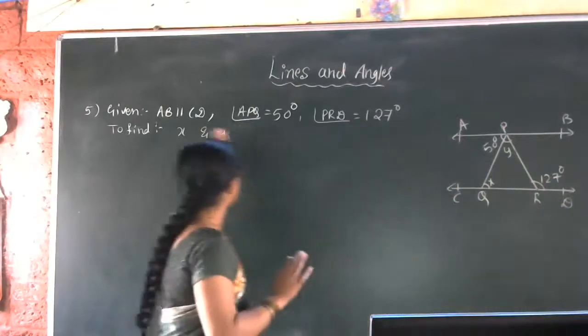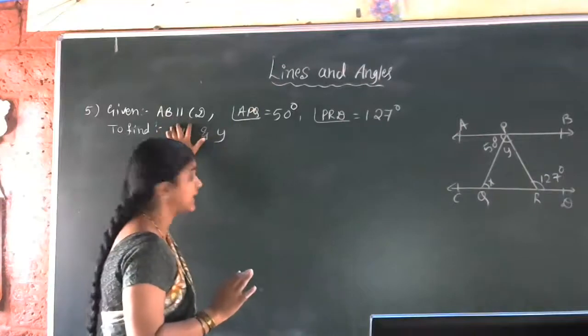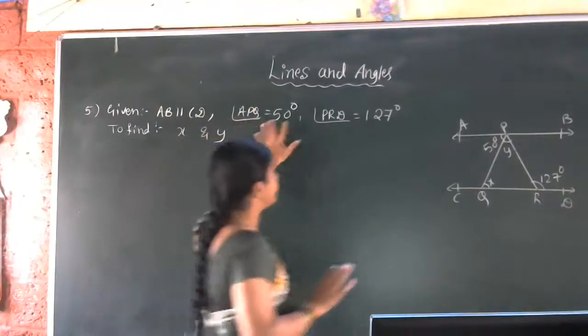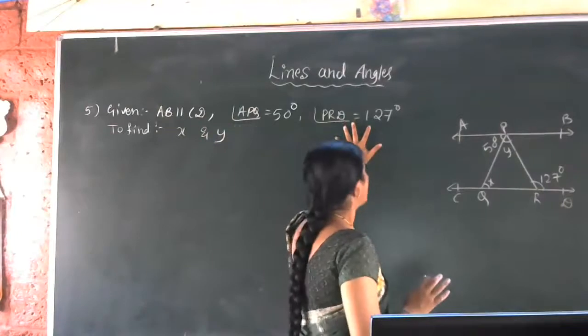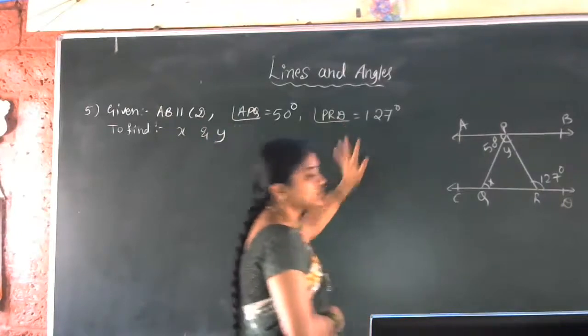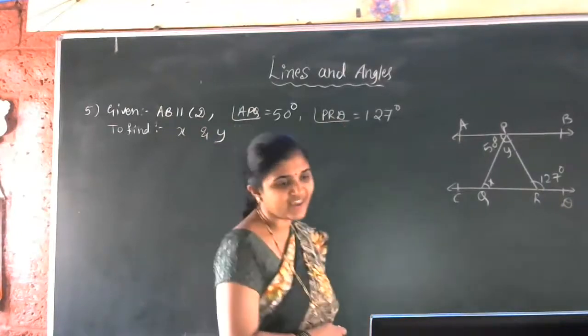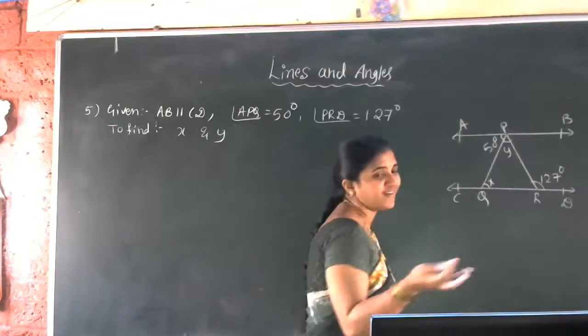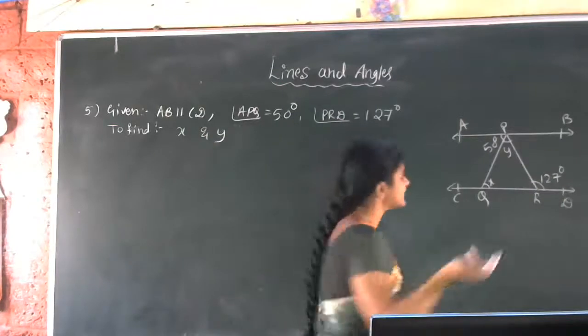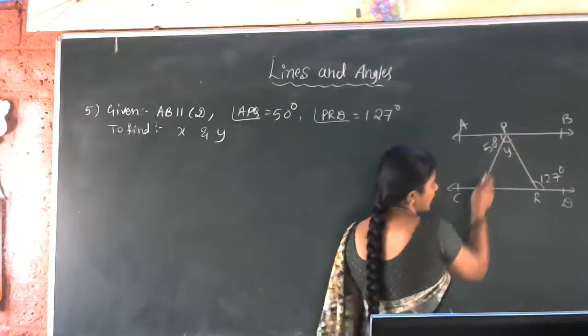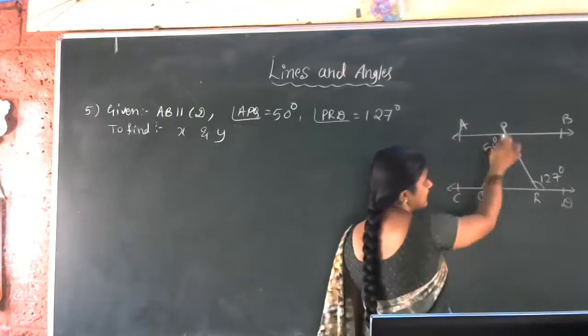Okay, the given data you have to write like this: AB line parallel to CD, APQ is 50 degrees, PRD is equal to 127 degrees. Now we have to work out X and Y. Already X, we got the answer. Now see, APQ is 50 degrees, and here we observe a Z shape.